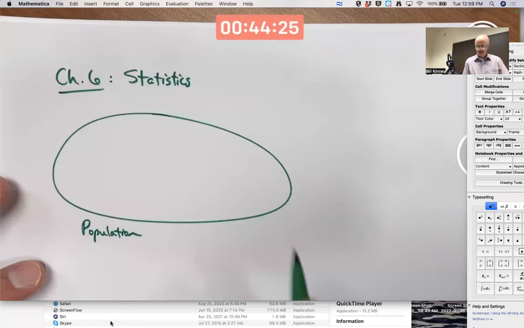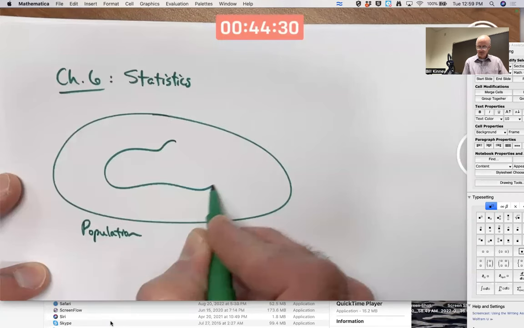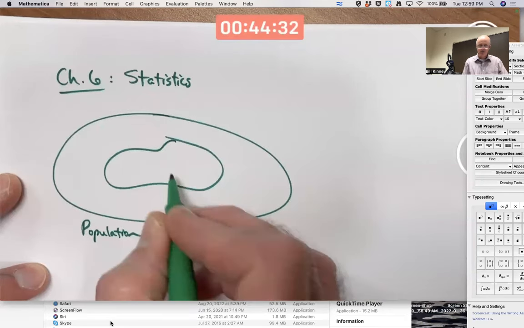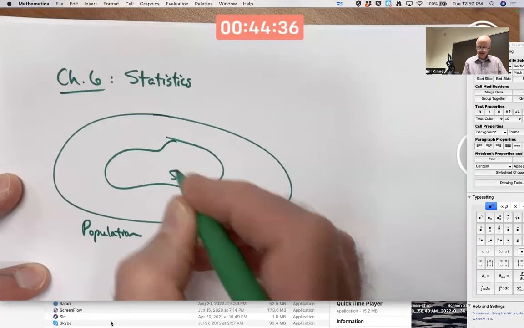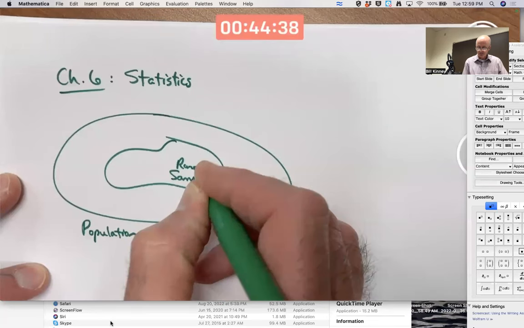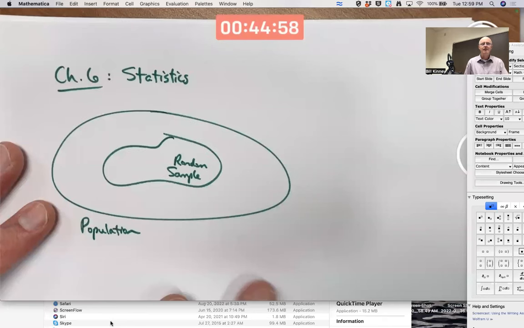Better, for time's sake and for not falling asleep, to study this population by studying a sample. Ideally, a random sample. So the population certainly could be people, and the random sample could be some subset of that group of people chosen at random. That's the way most people think about this kind of thing.